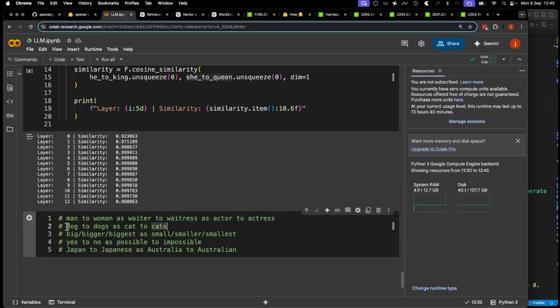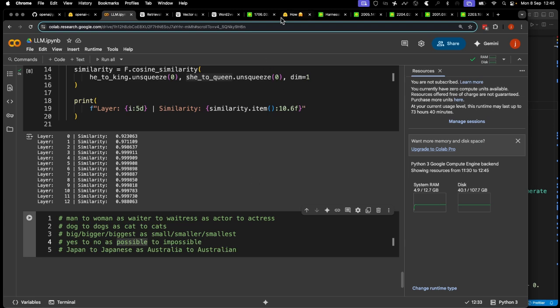Also dog to dogs, cat to cats, and bigger, biggest versus smaller, smallest. And opposites such as possible to impossible. And nationalities, Japan to Japanese as Australia to Australian. All right, this can be an exercise you can play around with.